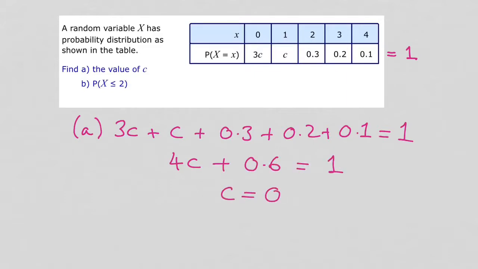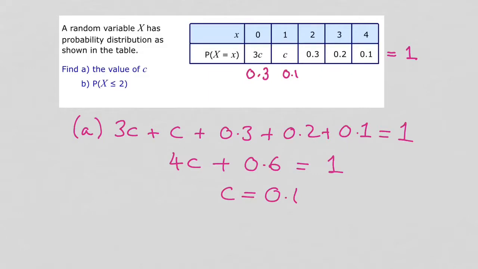C must be 0.1. So now we know that's 0.1. We actually know that is 0.3 and that is 0.1. So whatever situation this is, these are the probabilities associated with each of these. So it's more likely to get a 0 or a 2. It's less likely to get 1 or 4, whatever this is.